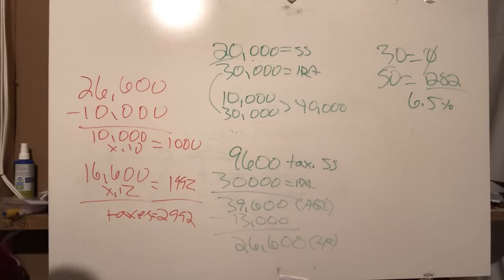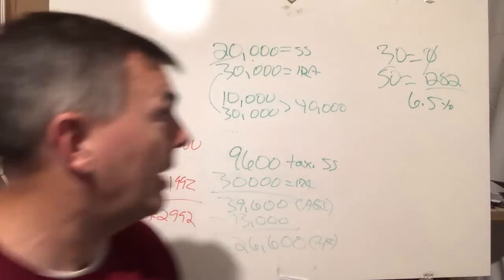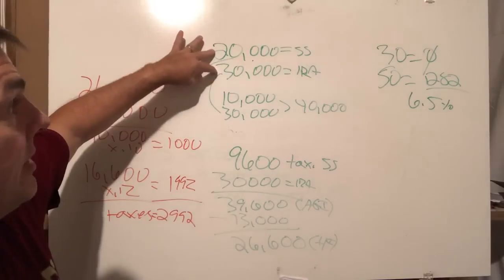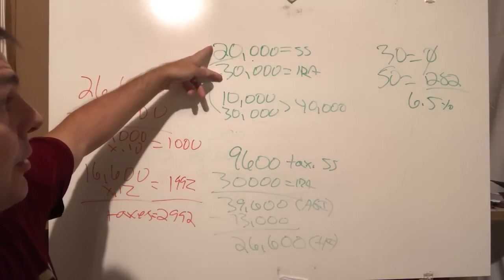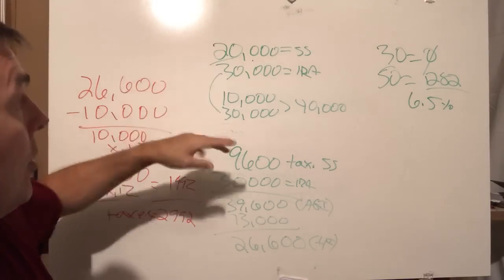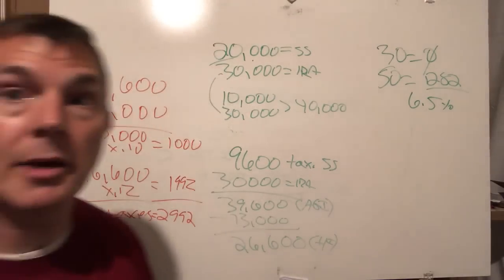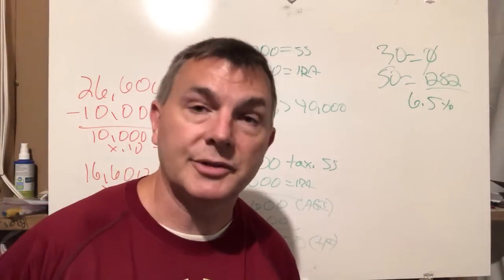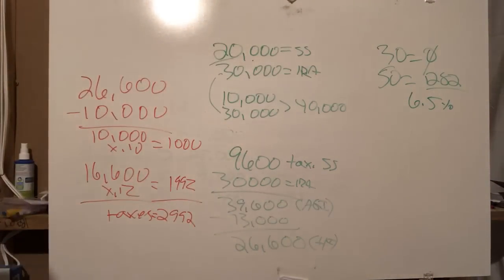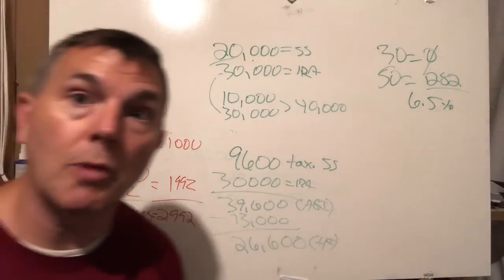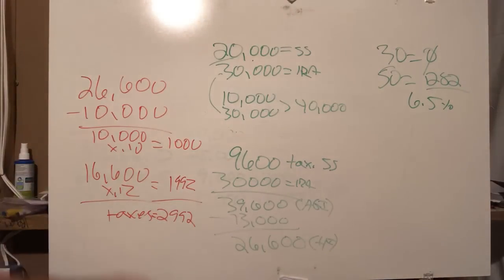She paid 3 times as much in taxes on the same amount of money simply because she had $20,000 from Social Security and $30,000 from her IRA. So on that extra $10,000 IRA and reduced Social Security by 10, just for simplicity, it increased her taxes by 300% almost. Tell me that's not crazy.